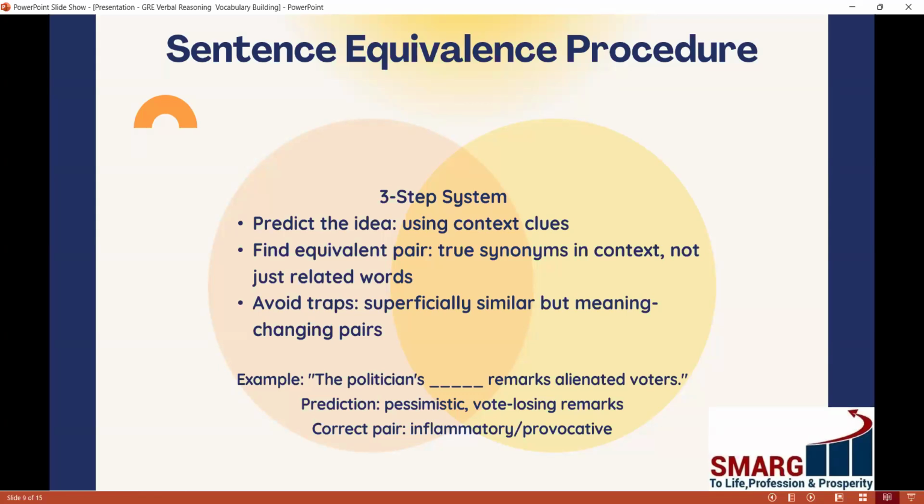Yes? So first is, of course, predicting the idea. So you look at the overall sentence, you try to understand what it's trying to say, and then you go for your options. But this one happens to be a little too tricky, in the sense that I have written here: true synonyms in context, not just related words. Yes, very important.